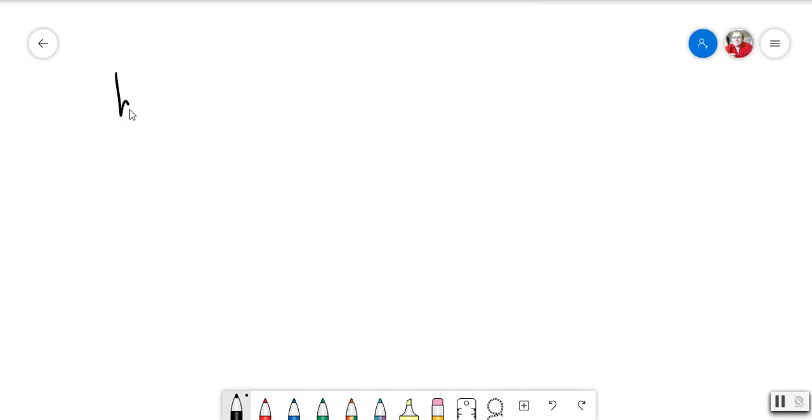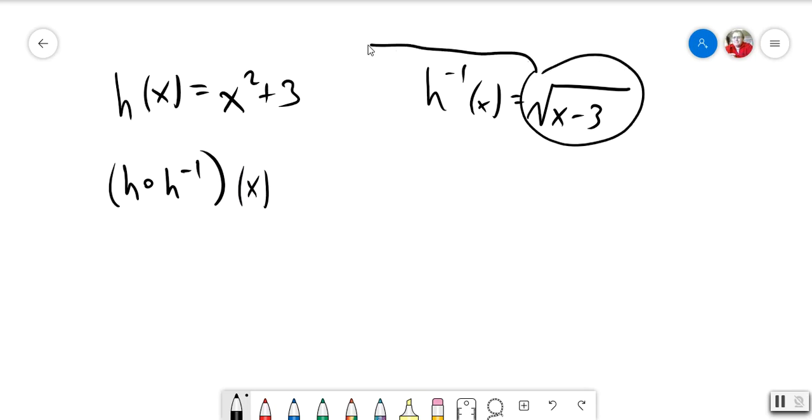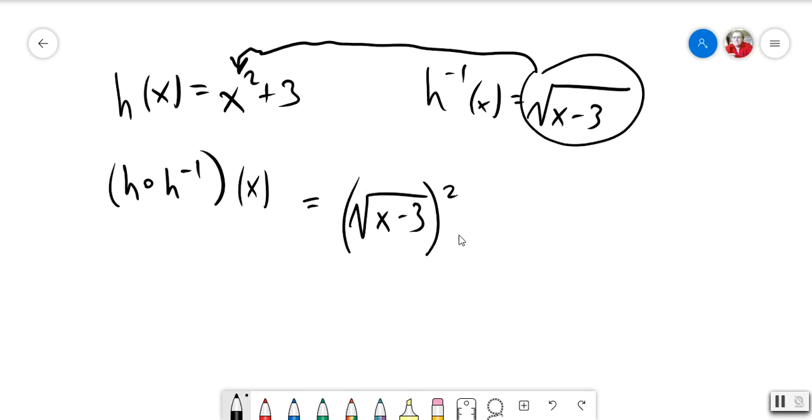Our original function, x squared plus 3, and our inverse function was the square root of x minus 3. Once more, we're going to want to do composition of functions. h compose h to the negative 1 of x, which means we take this whole thing as is and sub it in here. So we get the square root of x minus 3, that whole thing squared.